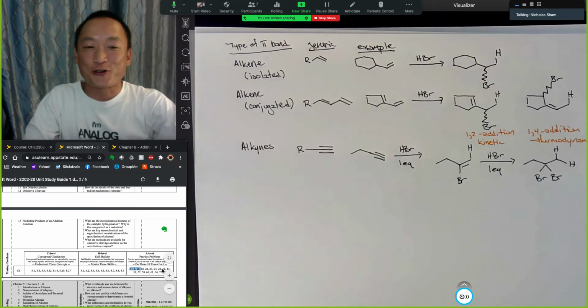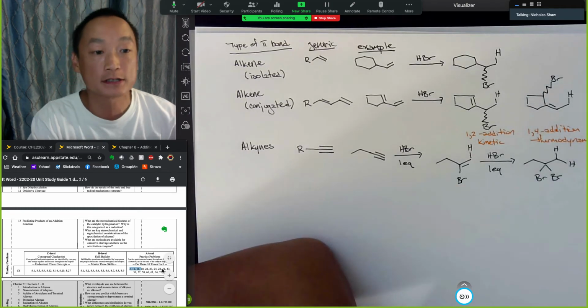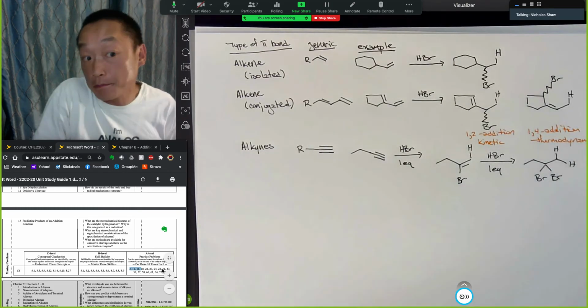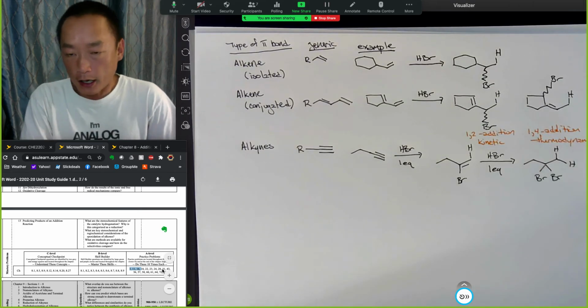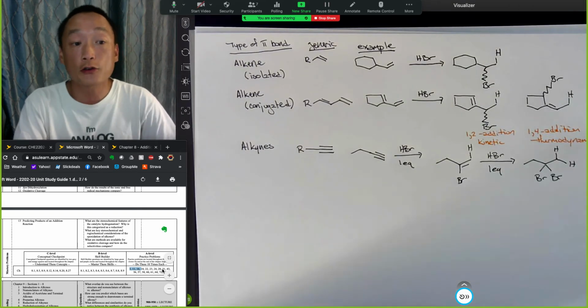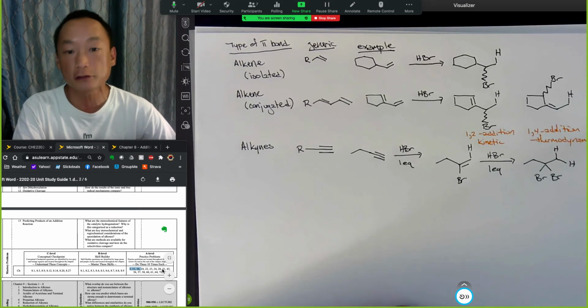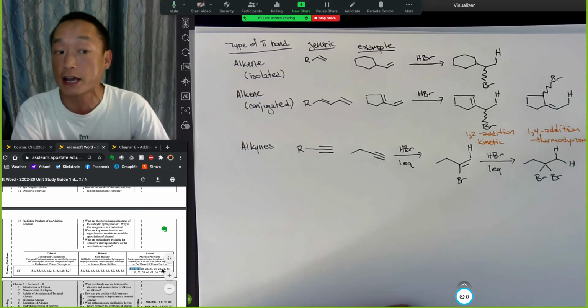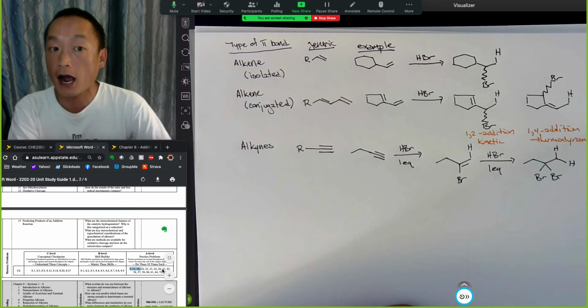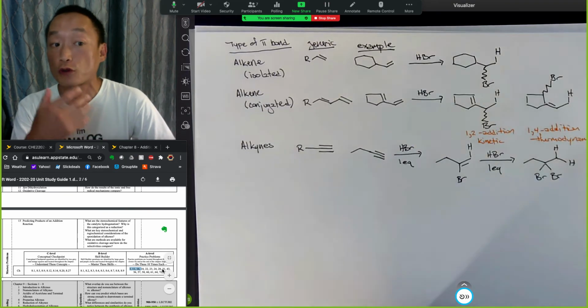The answer to your question is there will be instances where mechanisms might be warranted or might be asked about specifically. But there are other instances where you just merely have to show the reagents that are required to make a reaction take place, or the products or the product that would be formed.